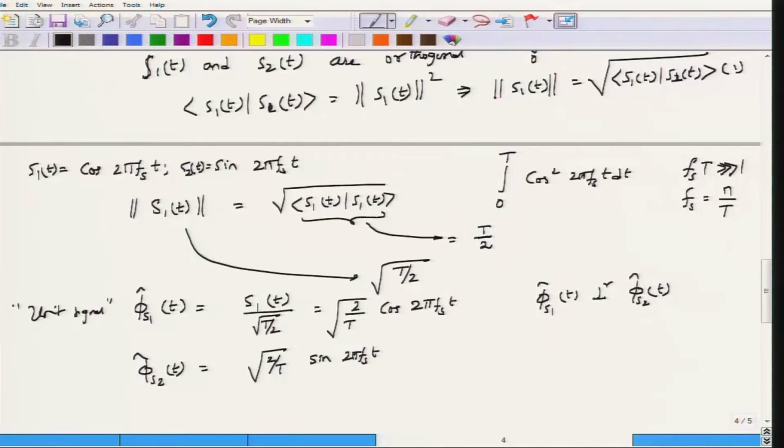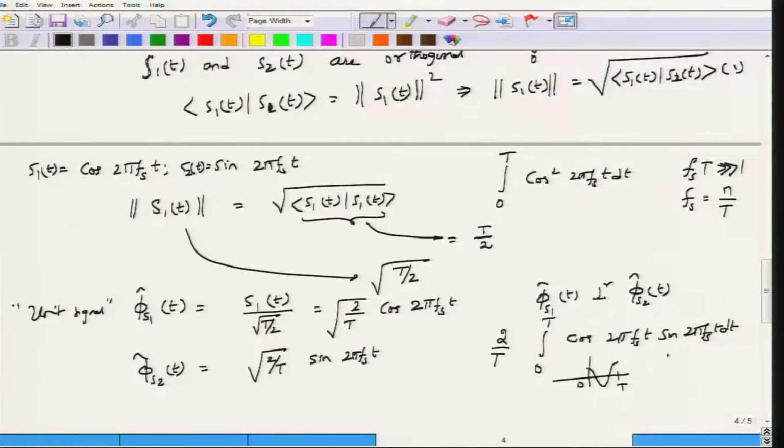When I consider the inner product, this square root of 2 by T would be common to both terms, it would come out. So, it becomes 2 by T, integral from 0 to T, of cos 2 pi fs t sin 2 pi fs t dt.